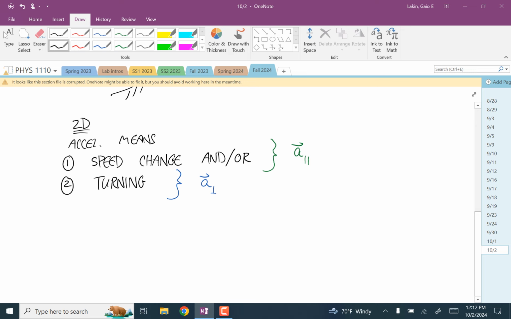So let me write down some steps that you can think of to figure out what you can determine about the direction of the acceleration. So these are the steps for visualizing the acceleration in 2D.